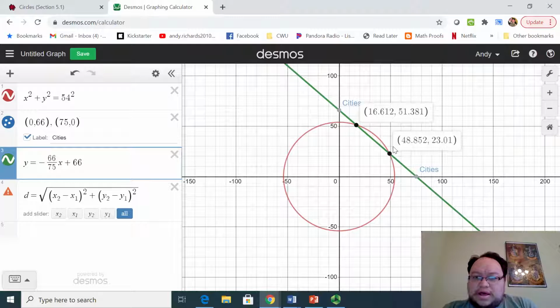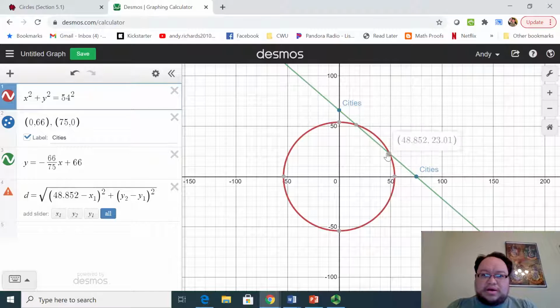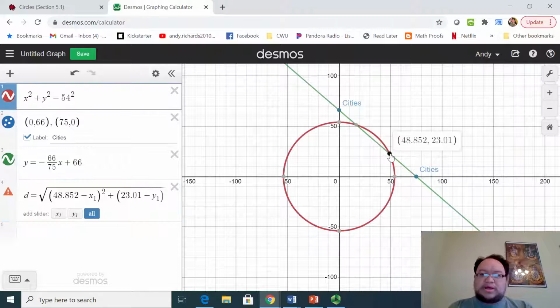I'm going to go ahead and pick this second point here. So 48.852. That's what I'm going to have here, 48.852. And then for y2, that means it's going to be 23.01. So that's how I'm representing this part.